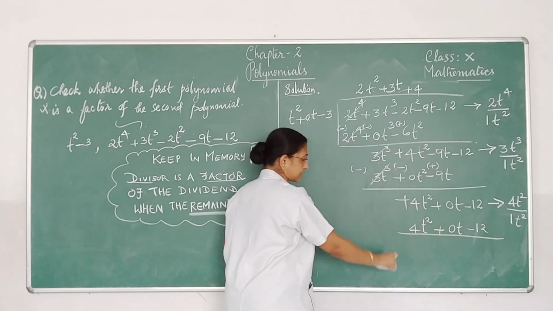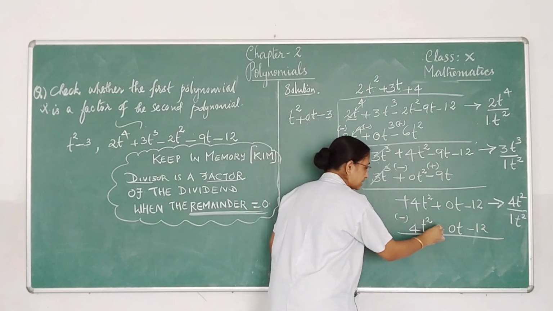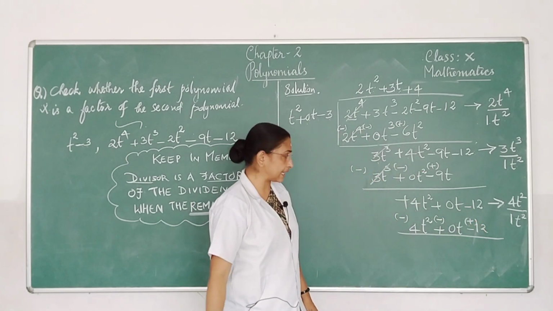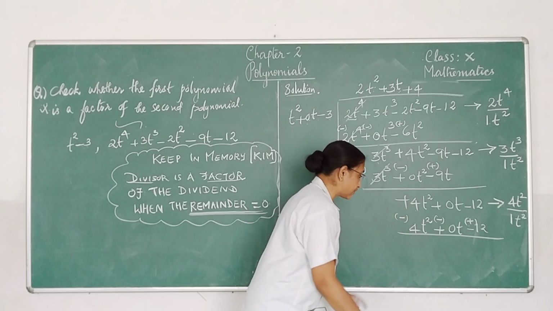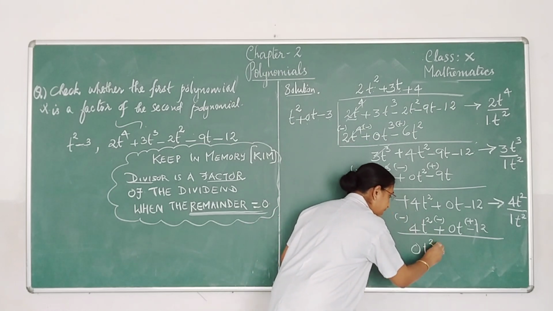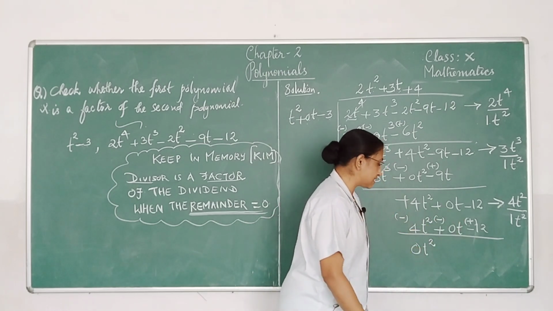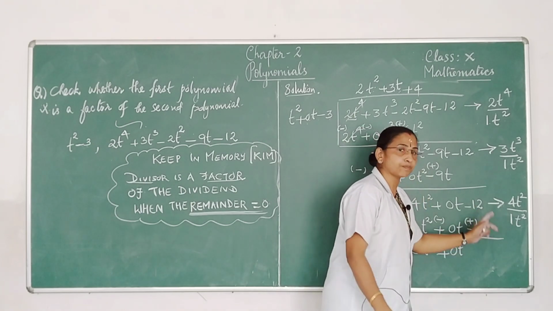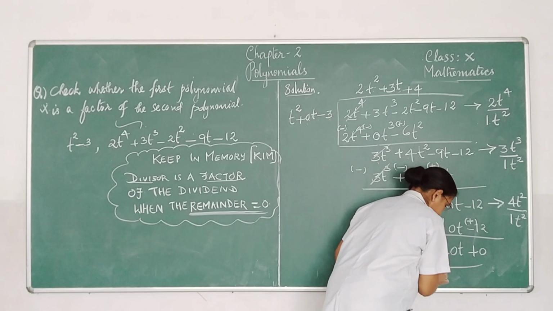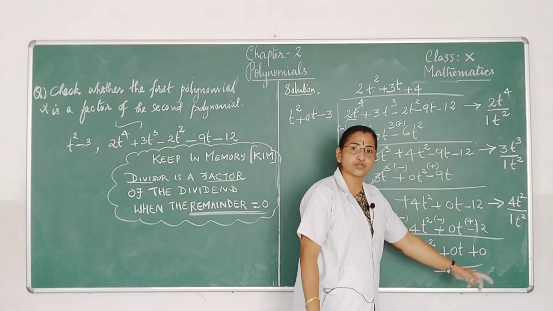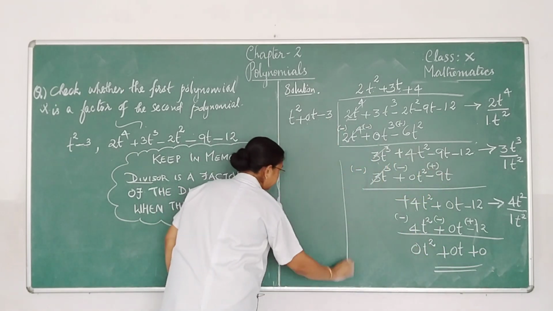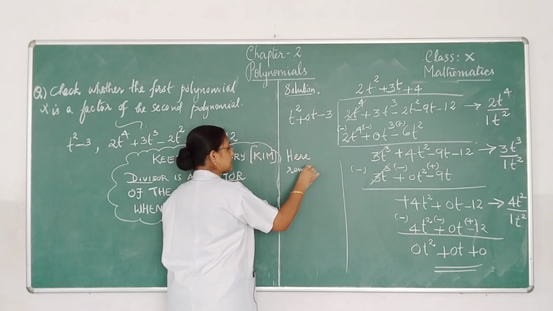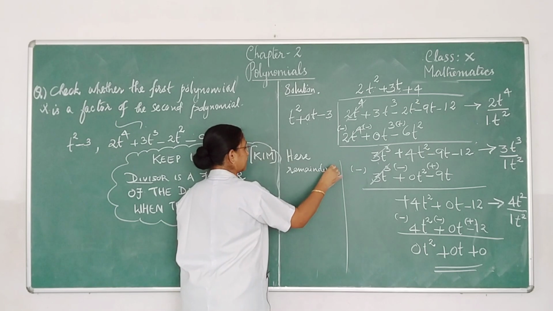I am going to change the sign. Plus becomes minus, plus becomes minus, minus becomes plus. Okay, we can add up. Plus 4 minus 4, 0t square. Plus 0 minus 0, again the next term is 0t. Minus 12 plus 12, again it becomes 0. What happens to the remainder here? The remainder R(x) equals a 0 polynomial.